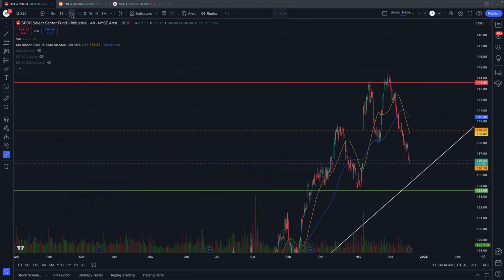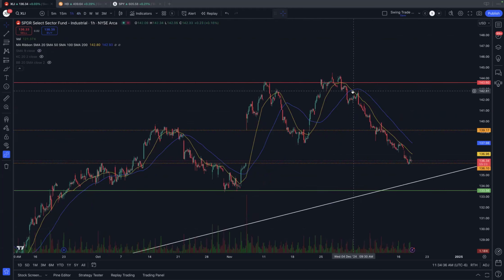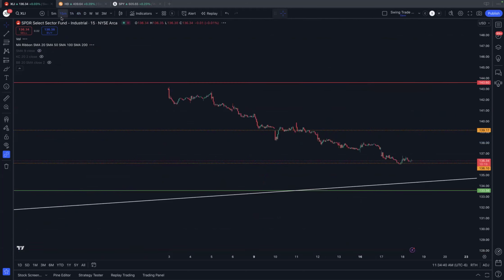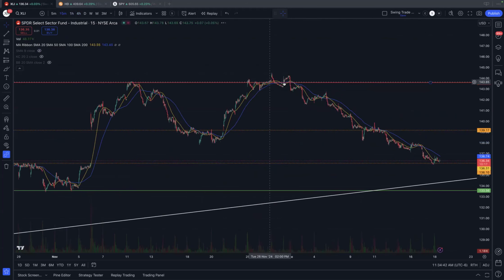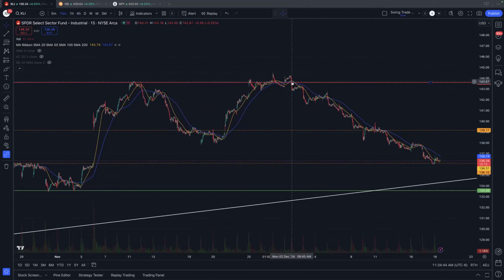On the 1 hour, the 20 crossed the 50 at 142.90. On the 15-minute, maybe you did it way up here at 143, right? So the lower the time frame and the lower the moving average, it's going to be much more relevant, meaning it's going to help you enter sooner if you already have an analysis from up top. All right.